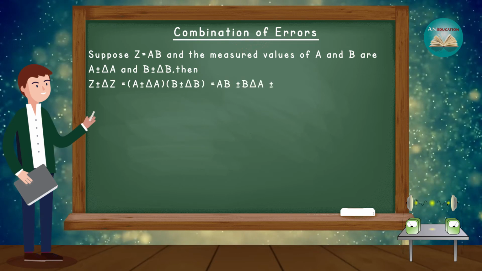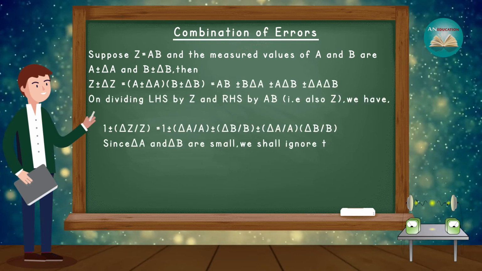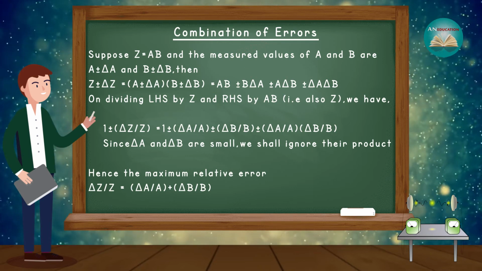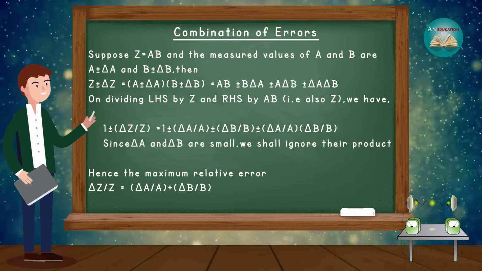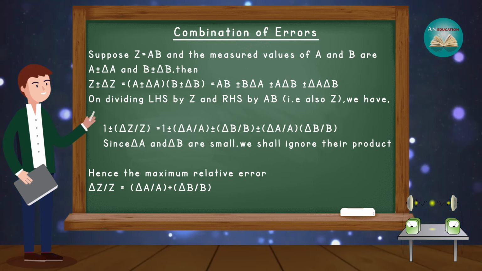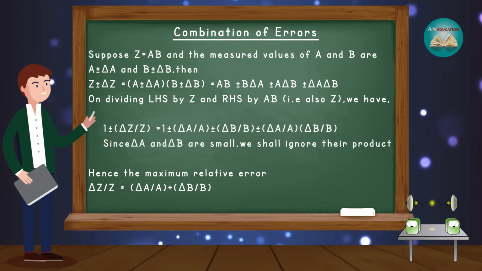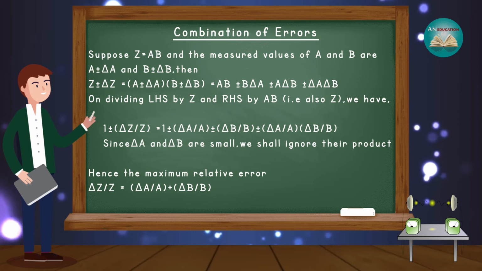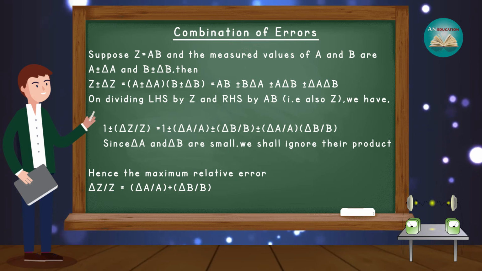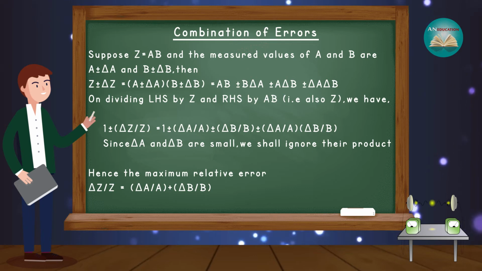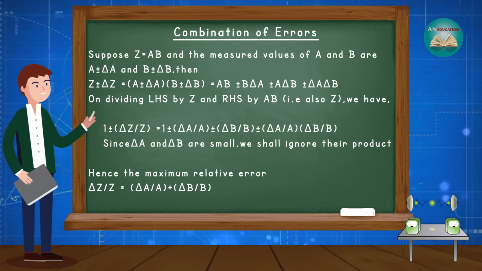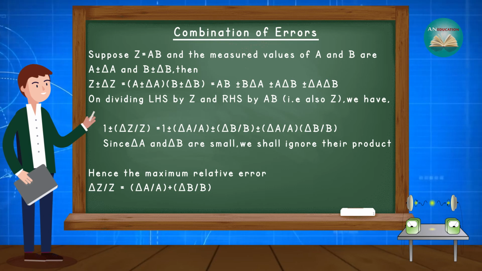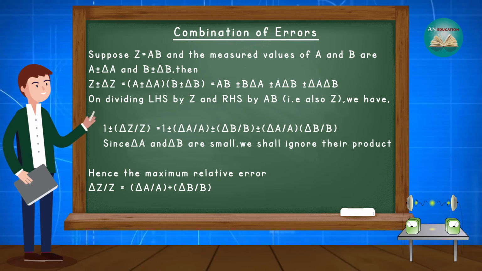Suppose Z is equal to A multiplied by B and the measured values of A and B are A plus minus delta A and B plus minus delta B. Then Z plus minus delta Z is equal to A plus minus delta A multiplied by B plus minus delta B, which is equal to A multiplied by B plus minus B delta A plus minus A delta B plus minus delta A delta B. On dividing LHS by Z and RHS by AB, that is also Z, we have 1 plus minus delta Z by Z is equal to 1 plus minus delta A by A plus minus delta B by B plus minus delta A by A delta B by B. Since delta A and delta B are small, we shall ignore their product because it is very small.